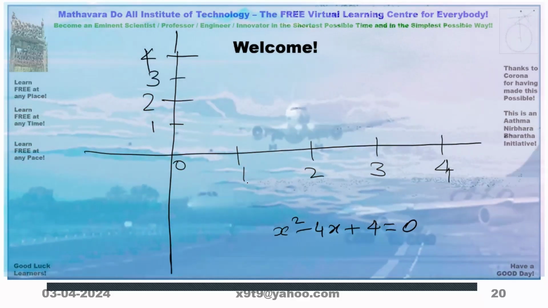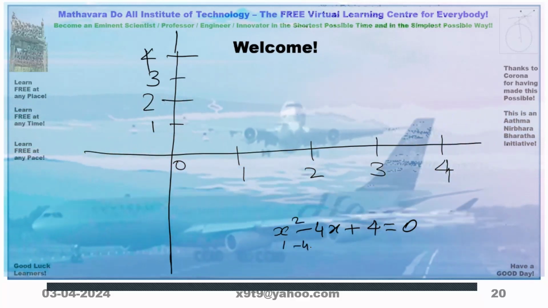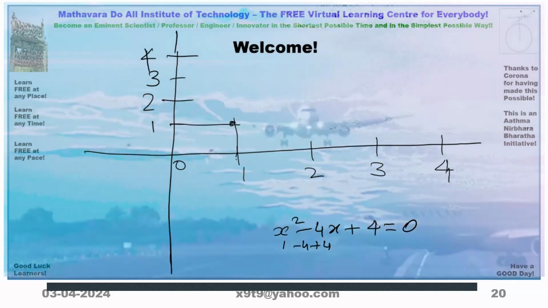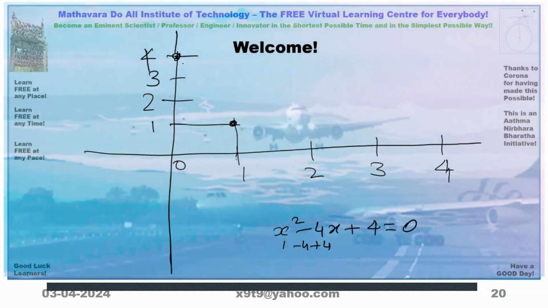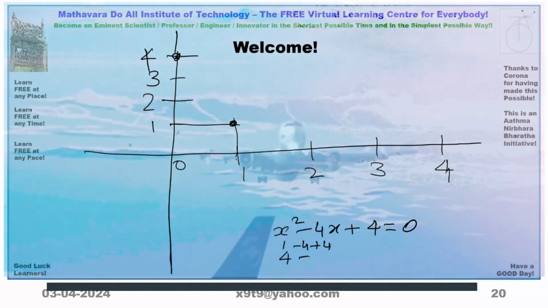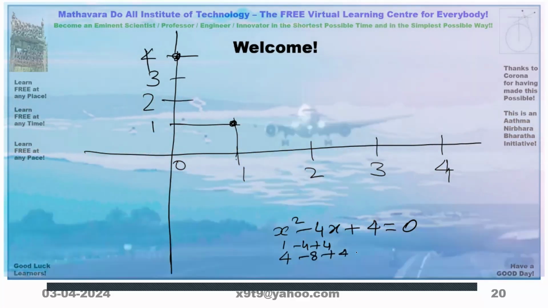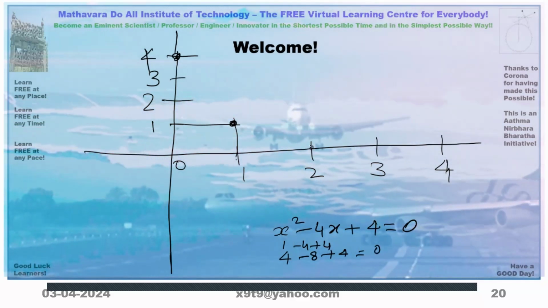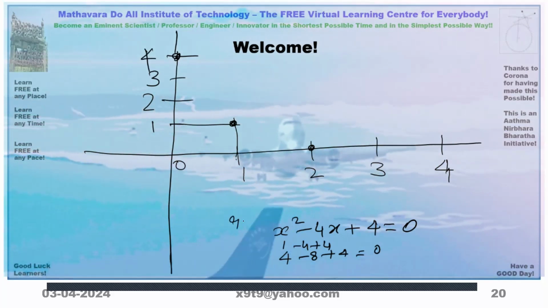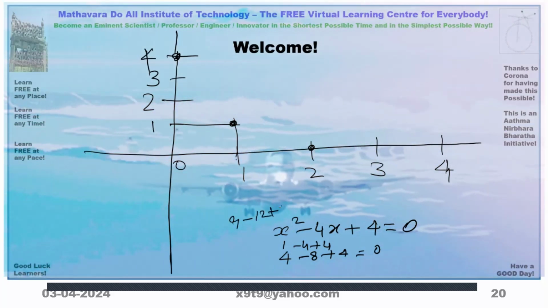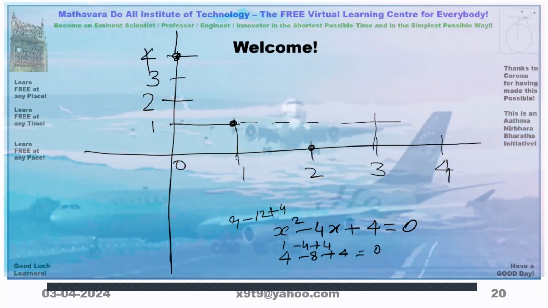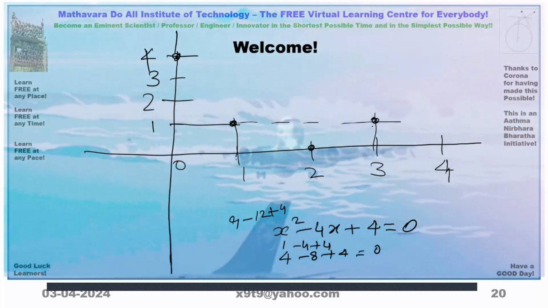Now x is 1 means 1 minus 4 plus 4. So you will get 1 here. Now if it is 2 means 4 minus 8 plus 4. That means 0. So you will get here. 3 is 9 minus 12 plus 4. That will be 1. So at this level, you get 1 here.